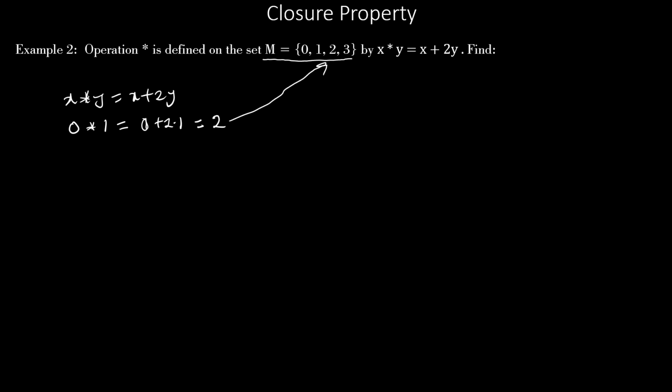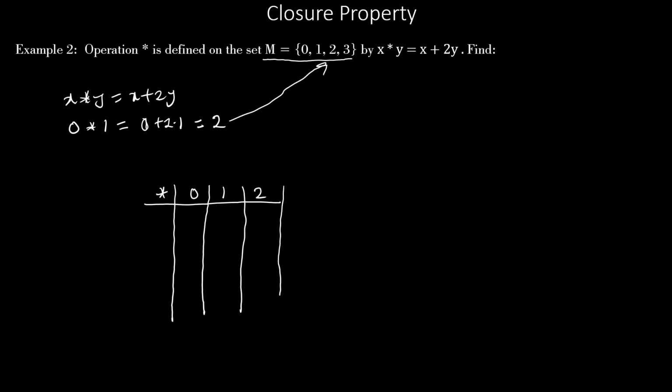We are going to use an operational table. So we have to draw our table, which has the operation we are considering, which is asterisk. So we now take note of each element of this set. So here we have 0, 1, 2, and 3.